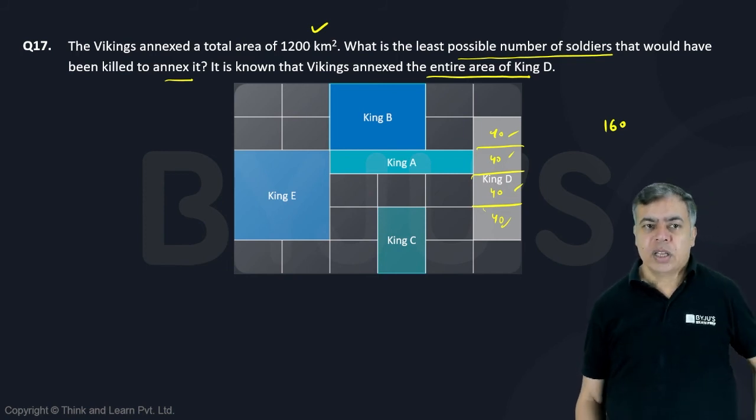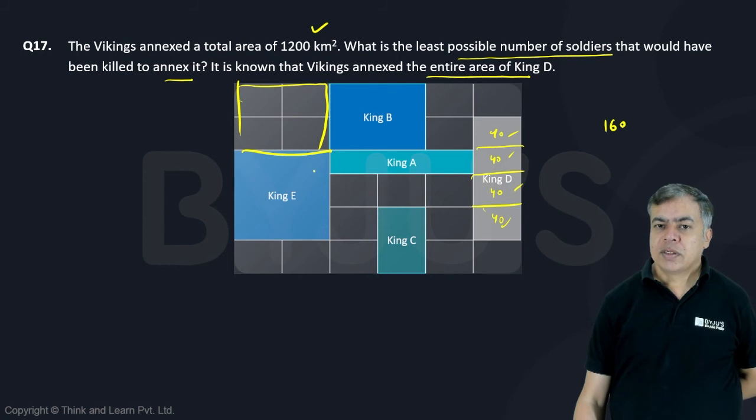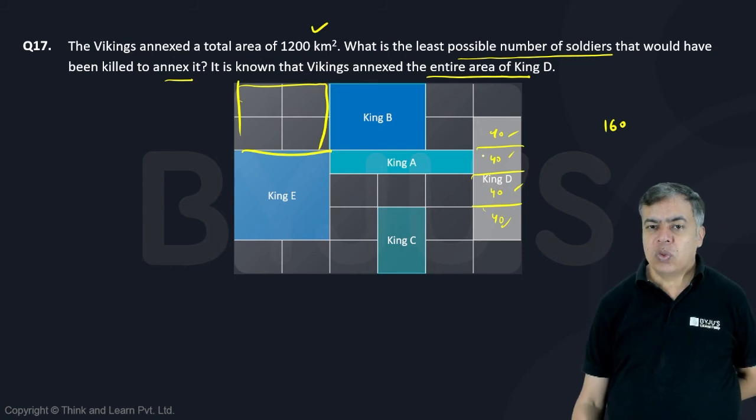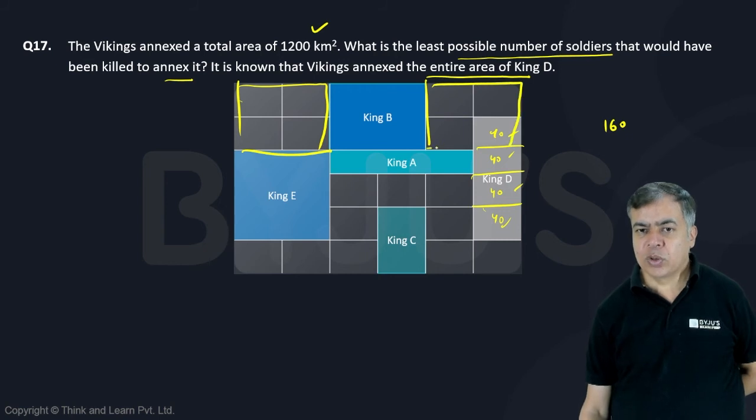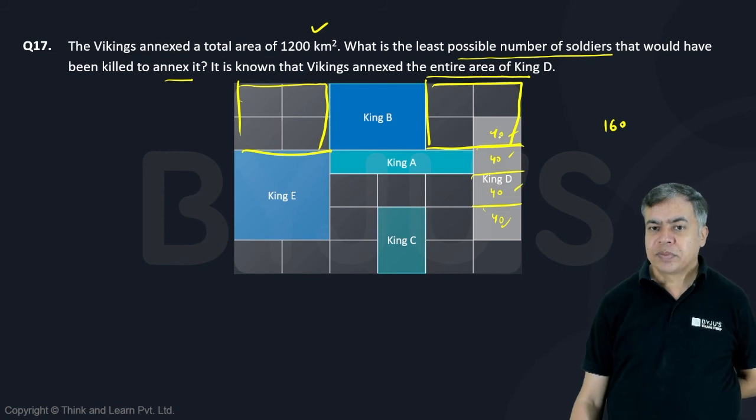Now the thing is, further this 4 I can take, and now you can take this 4 together, so 1 still left. Okay, 4, 4, 8, 3, 11. So 1 square you need to take separately.